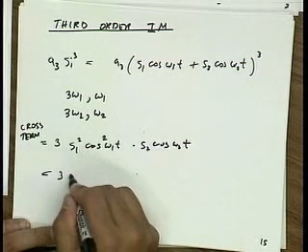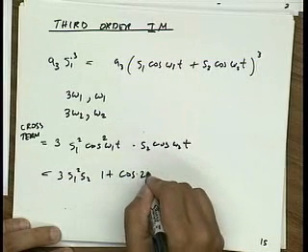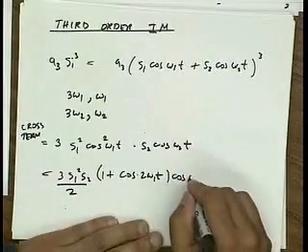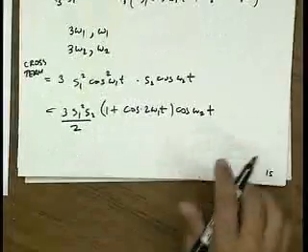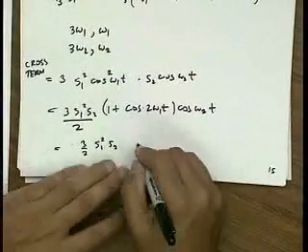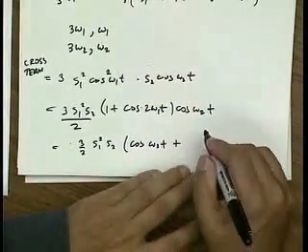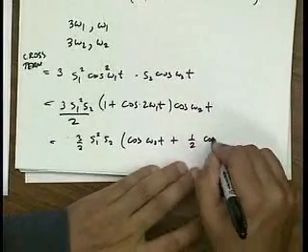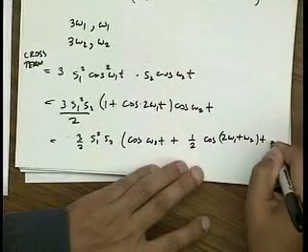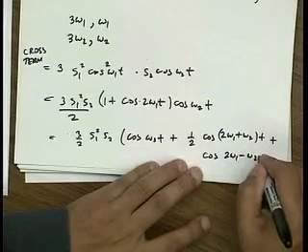I'm going to get 3 S1 squared S2, (1 plus cosine 2 omega 1t)/2, times cosine omega 2t. And if I multiply this out again, I get 3/2 S1 squared S2 cosine omega 2t plus 1/2 cosine of 2 omega 1 plus omega 2 t plus cosine of 2 omega 1 minus omega 2 t.